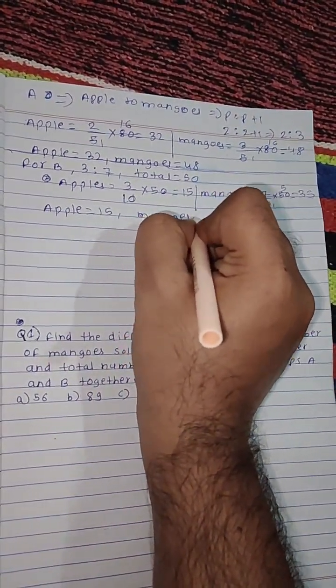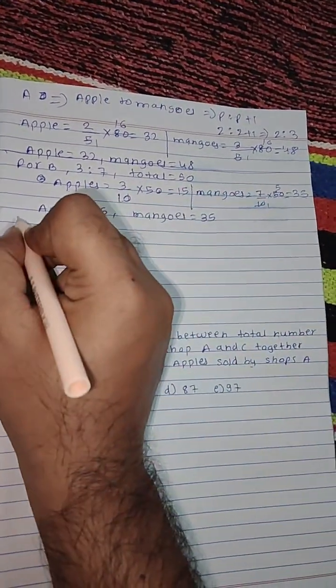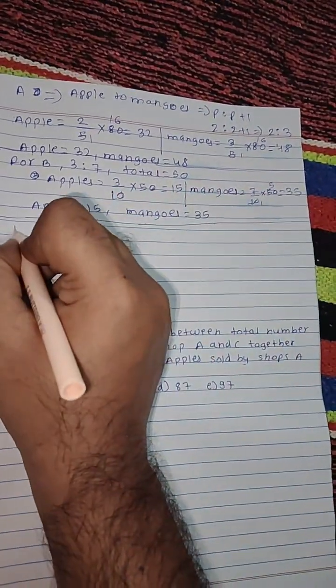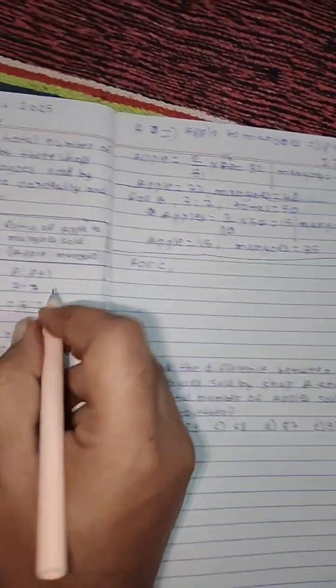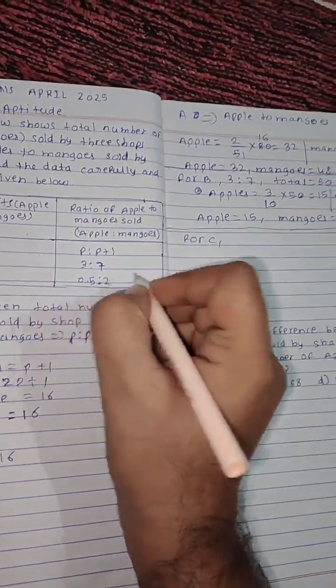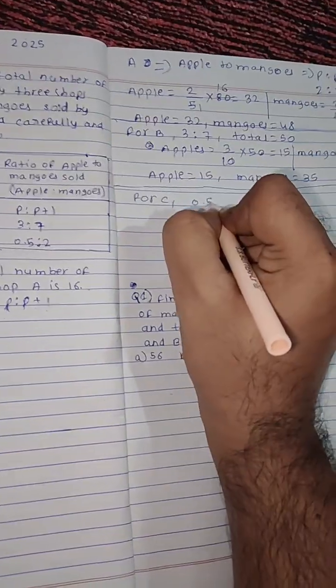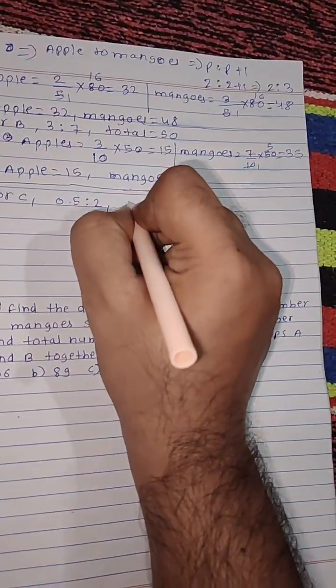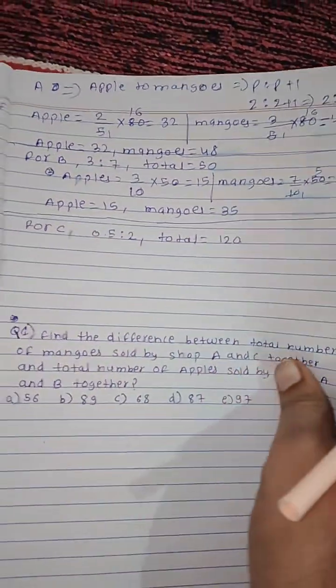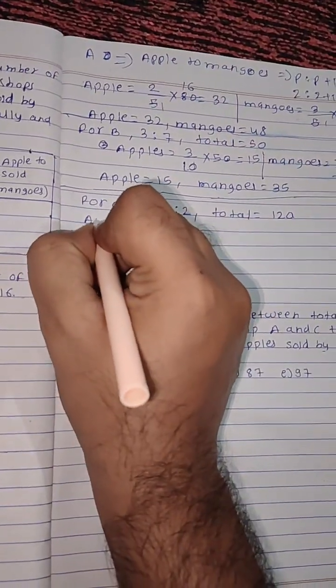So for B, apple is 15 and mangoes is 35. Similarly for C also we will find. For C, the apple to mangoes ratio is 0.5 is to 2 and the total is 120. So now apples we can find.